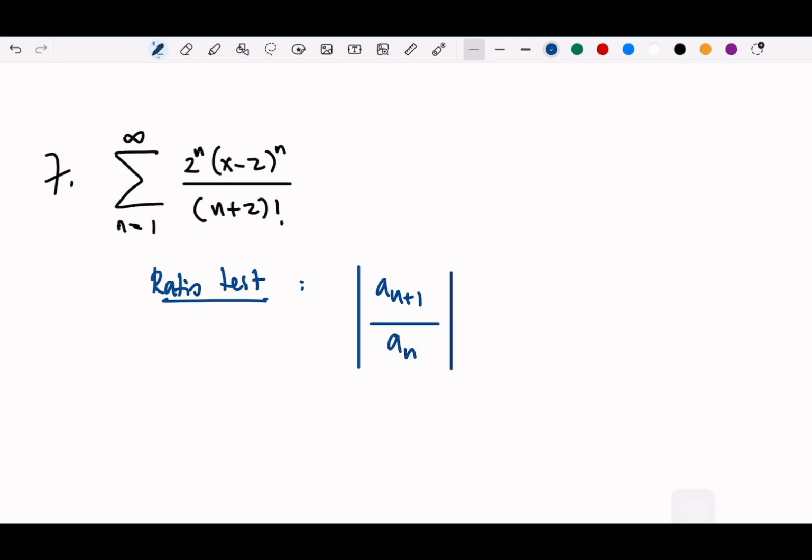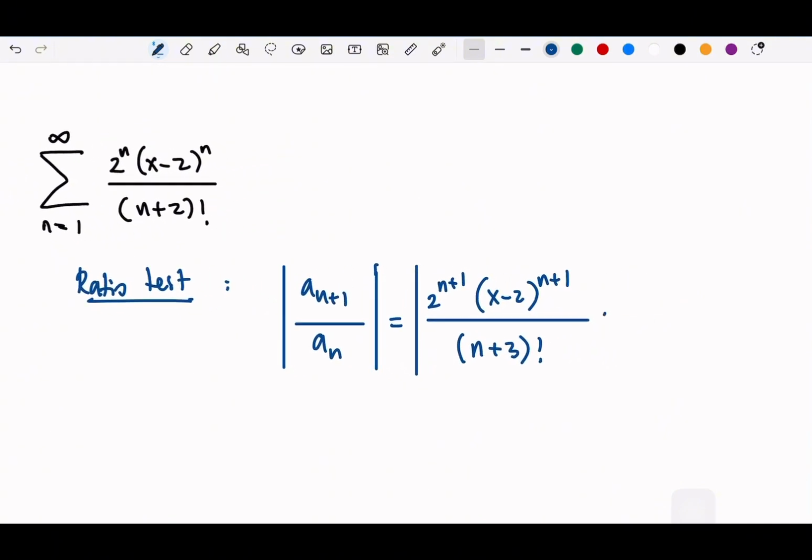this will give you some computations here, which is 2n plus 1, x minus 2 to the n plus 1, n plus 1 plus 2, so n plus 3 factorial, and then n plus 2 factorial.